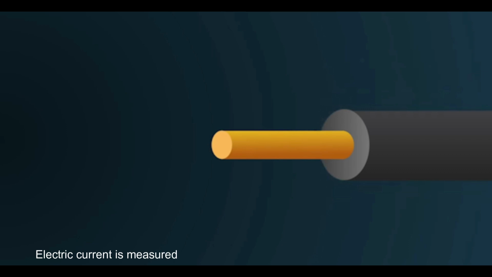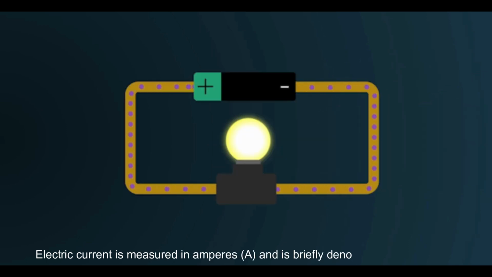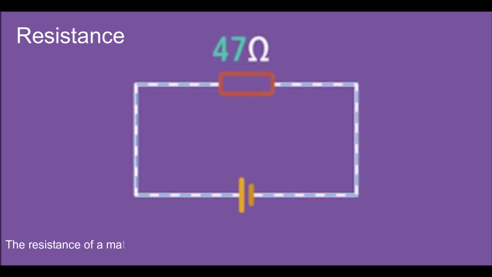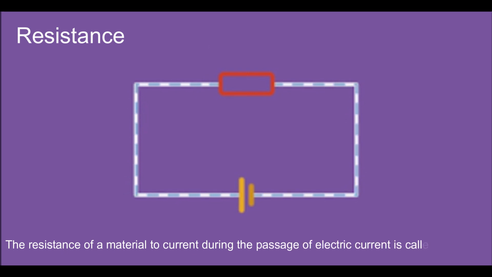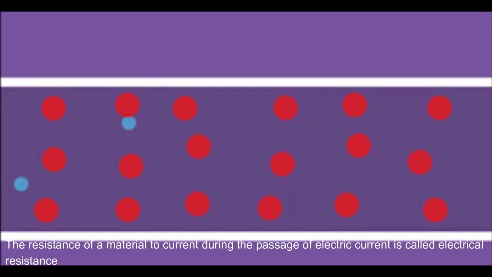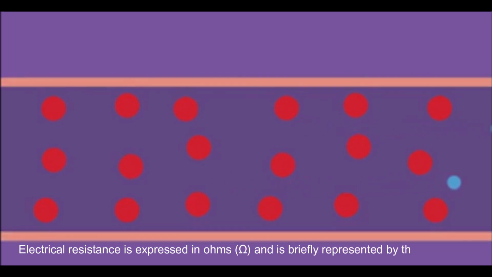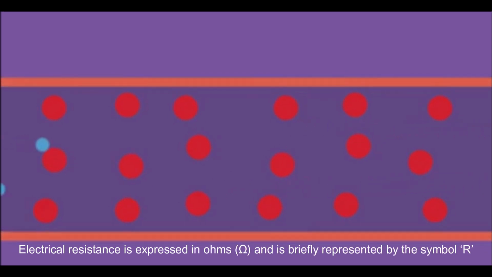Electric current is measured in amperes, A, and is briefly denoted by the symbol I. The resistance of a material to current during the passage of electric current is called electrical resistance. Electrical resistance is expressed in ohms, omega, and is briefly represented by the symbol R.